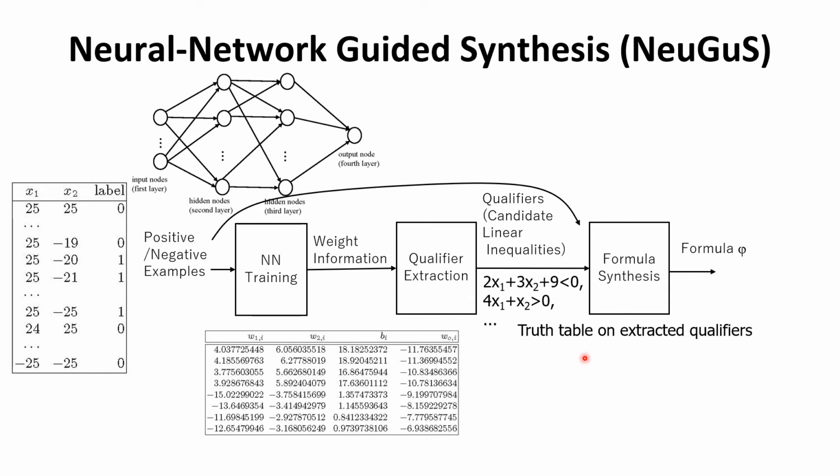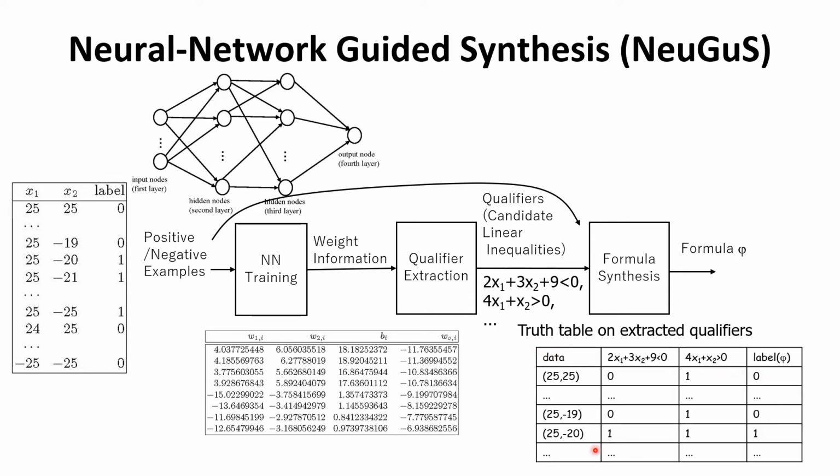To that end, we just need to construct this kind of truth table, where this column shows each instance, and these columns show the values of inequalities for each instance. Then the problem of constructing phi is just the problem of ordinary Boolean function synthesis from this part of the table.